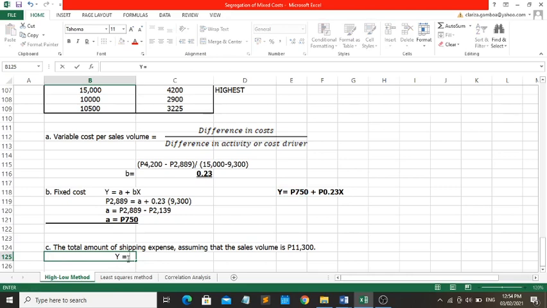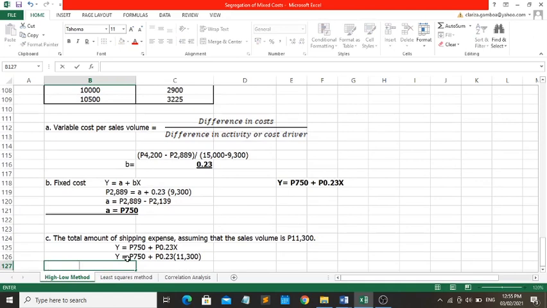Y equals 750 plus 0.23x. Okay. So, ang y natin equals 750 plus 23 centavos multiplied by 11,300 na sales volume.